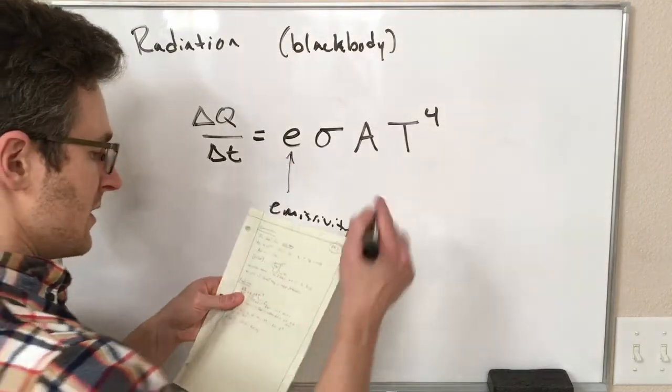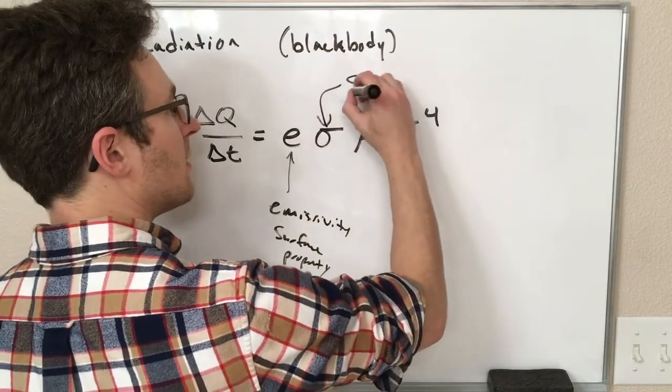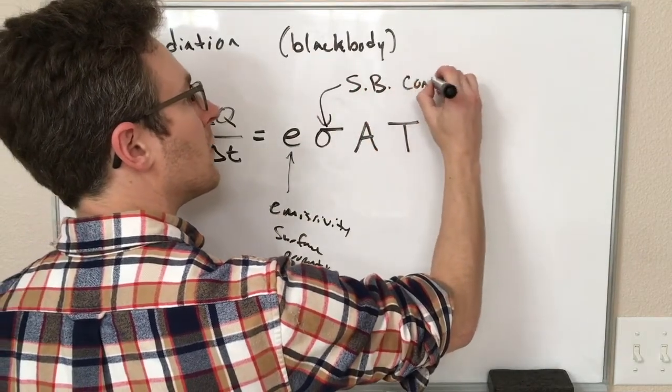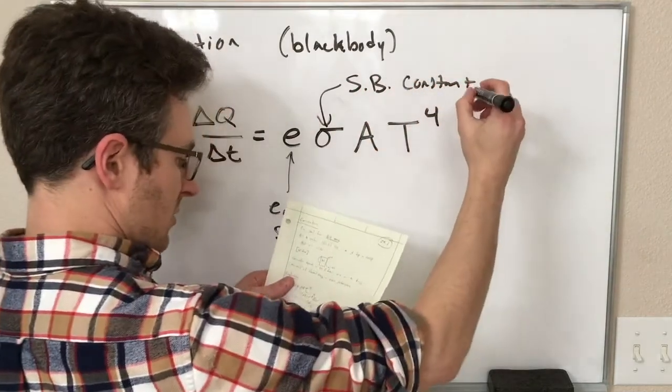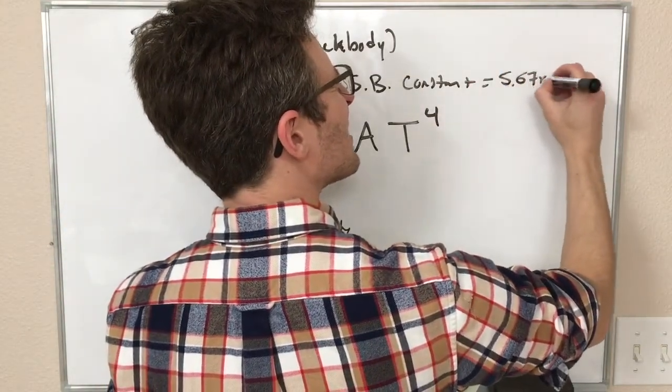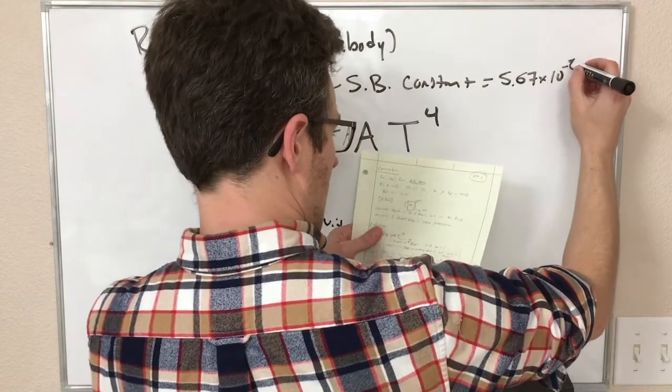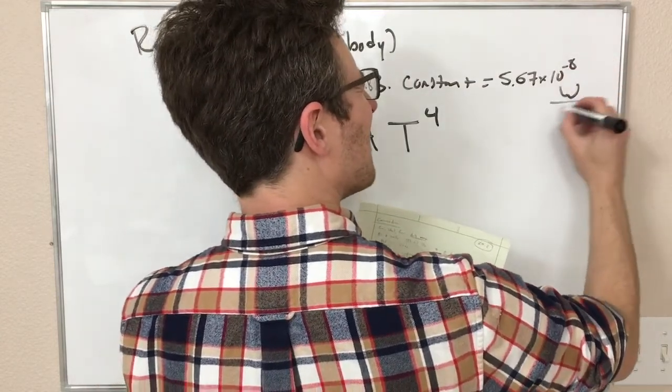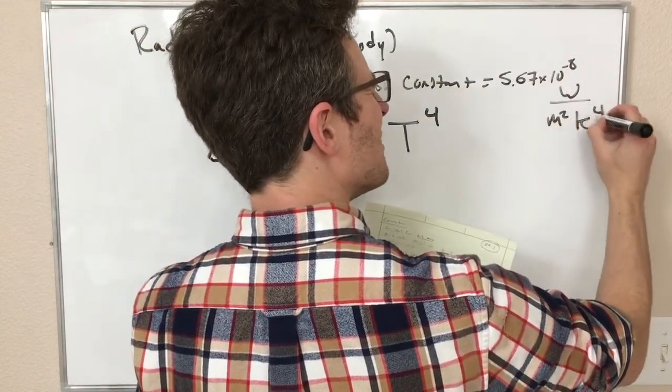Sigma here is called the Stefan-Boltzmann constant, and it is equal to 5.67 times 10 to the minus 8 watts per meter squared Kelvin to the fourth.